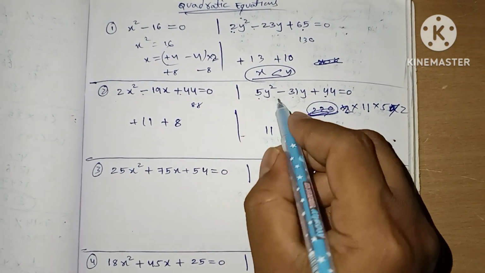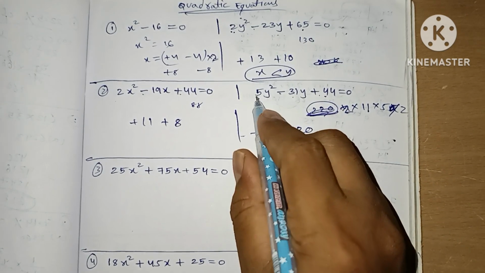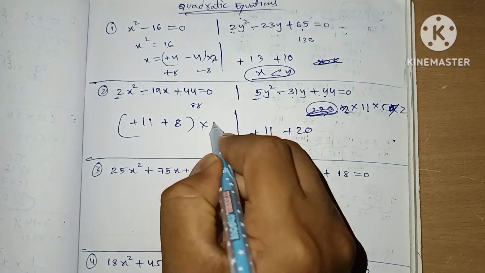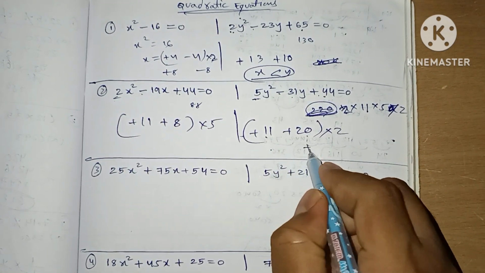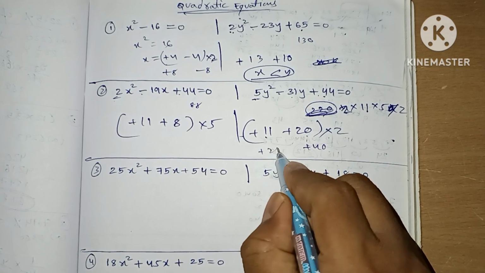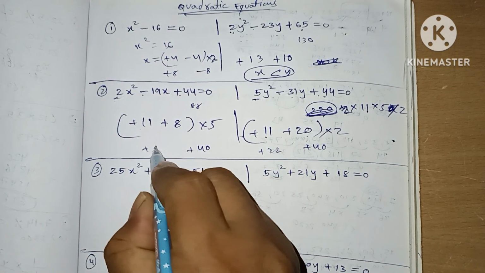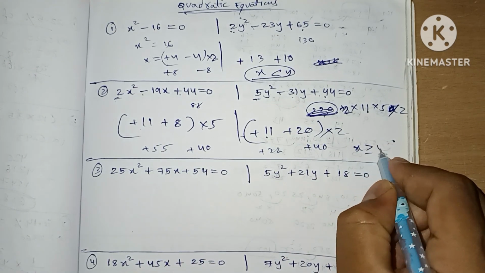So the roots are 11 and 20. Minus and plus means the roots are in positive. Here the bases are not equal, so we need to multiply this with 5, this with 2. We get plus 40, plus 22. 8, 5 times plus 40, 55 plus 55. Now by comparing these two, it is clear that x is greater than or equals to y.